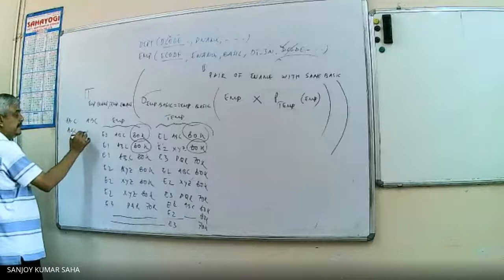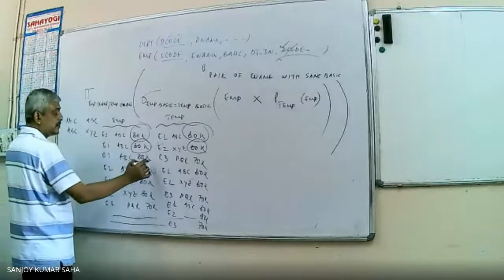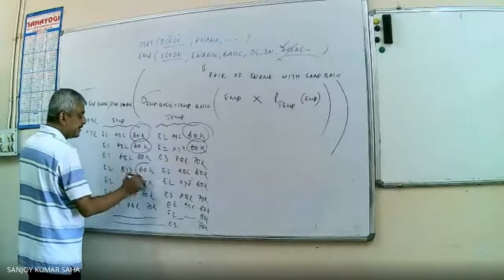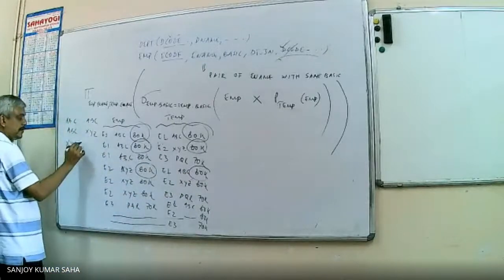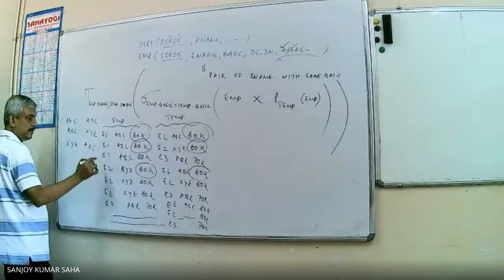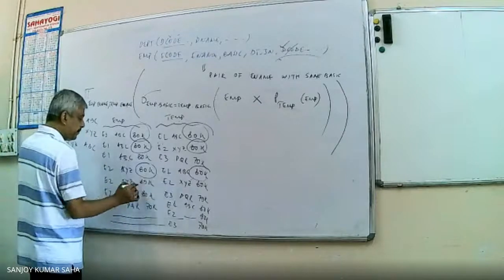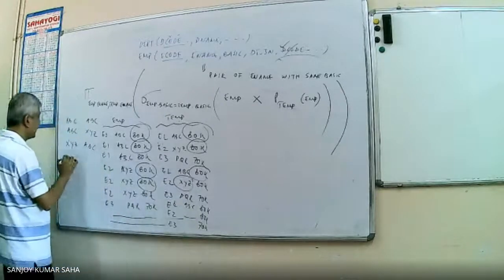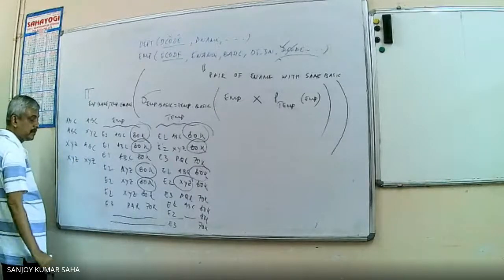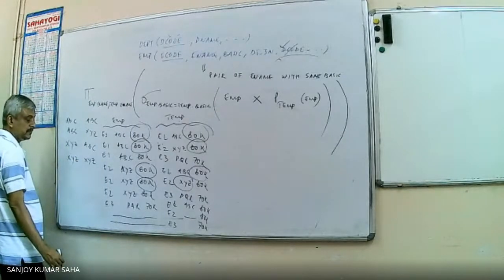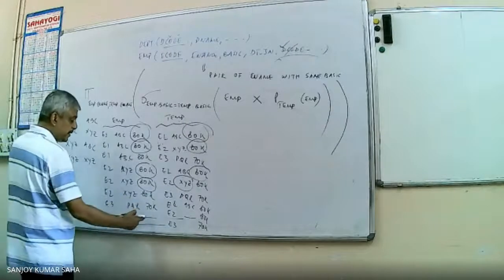ABC, XYZ, this is not the same. Again, this is the same: XYZ, ABC. Then again the same: XYZ, XYZ. Then not the same.